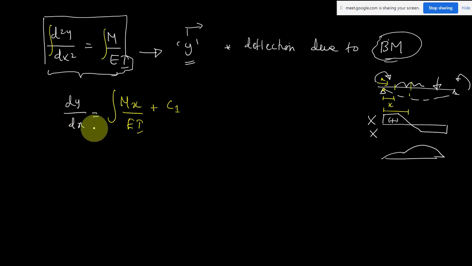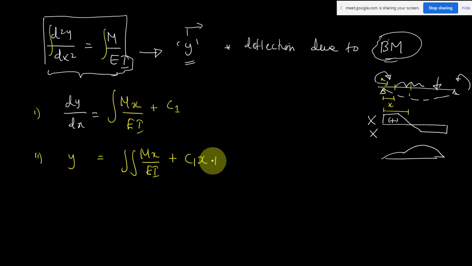Okay, and if you do the integration again, the integral of dy by dx will become y. So that is equal to the double integral of Mx by EI, plus C1 x, where C1 is a constant of integration, and plus a second integration constant C2.